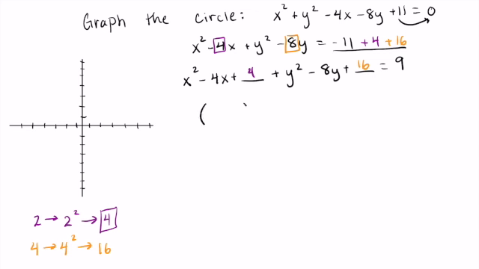And remember, when I do this, if my signs are alternating like they are here, that tells me that in my parentheses I have a negative. If they were both positive, then I would have a plus sign. So we have our x, and then whatever half of that term was goes right here. And we square it.